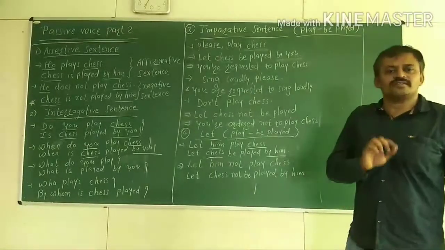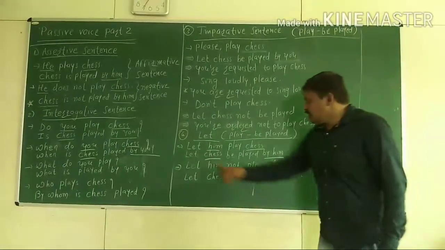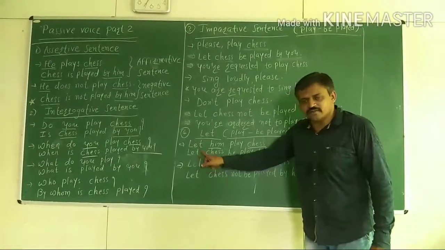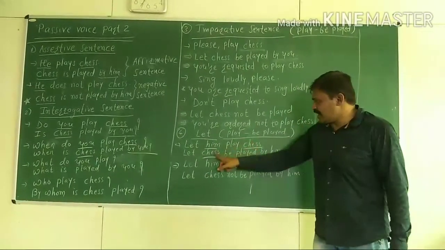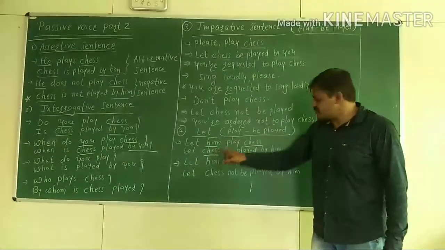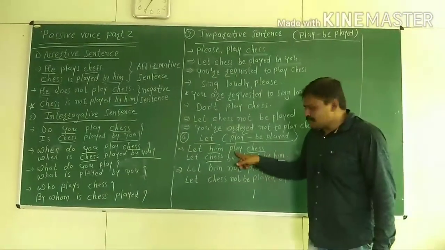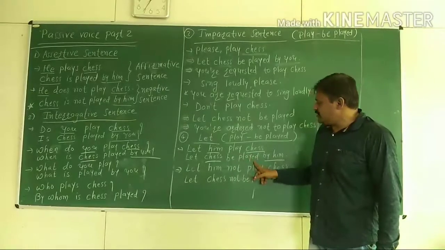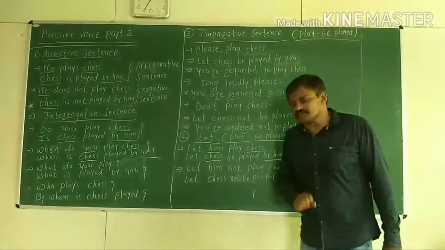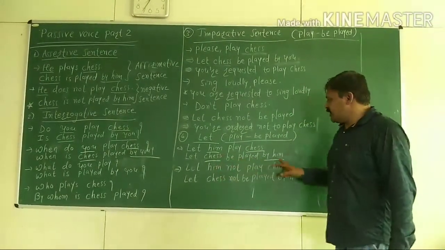This is the first replacement of the subject and object. Him and chess are replaced. I have written chess here and by him instead of chess. And then change the verb: be played is the passive of play. So the sentence becomes let chess be played by him.